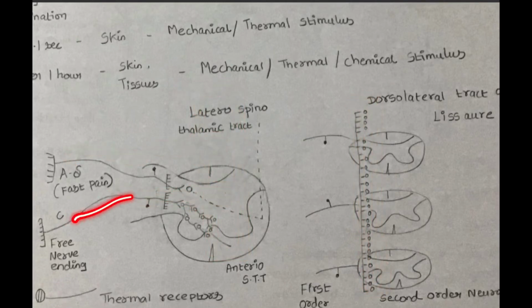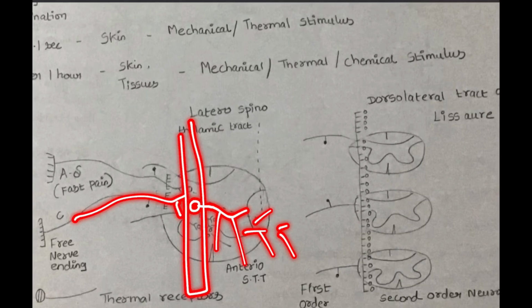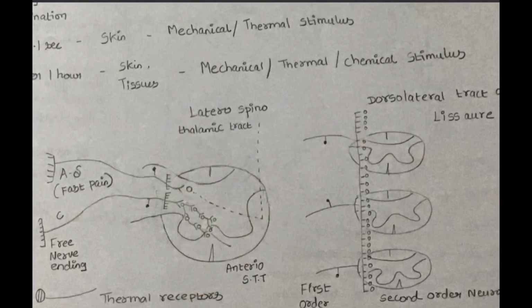From the C nerve fibers, after meeting the second order neurons, you will have so many branches from here only. So we are talking about this arrangement of the second order neuron. This is known as the dorsolateral tract of Lissauer.